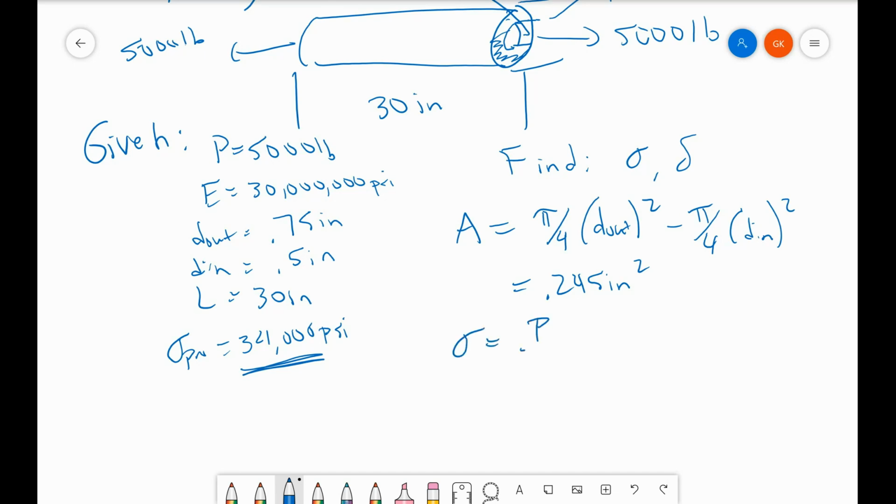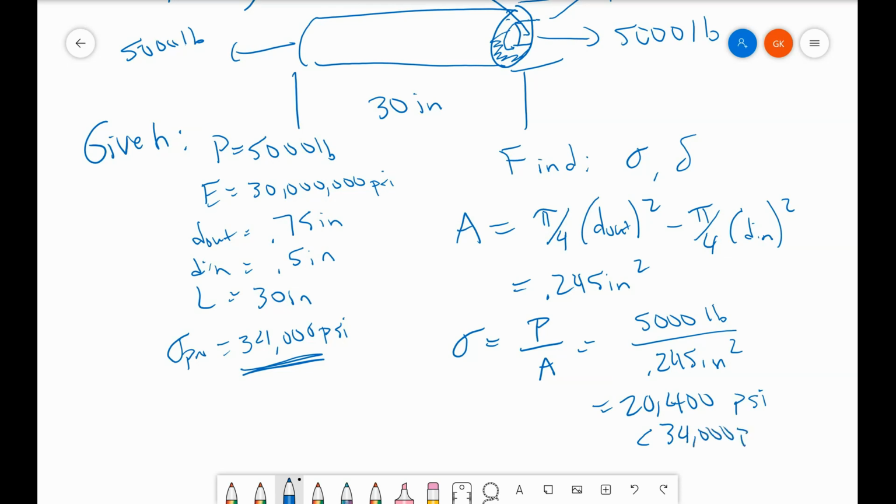Stress is going to be equal to the load over the area, which is going to equal 5,000 pounds over 0.245 inches squared. And that's going to come out to be exactly 20,400 psi. Okay, this is less than 34,000 psi, so we're good. We can use our PL equation.